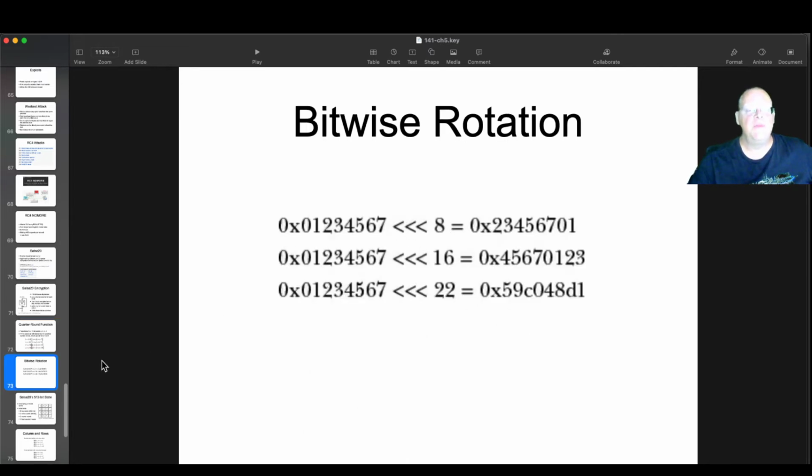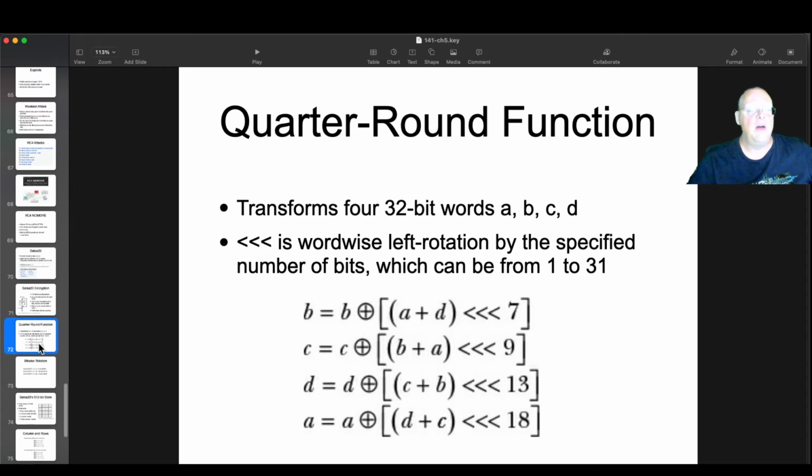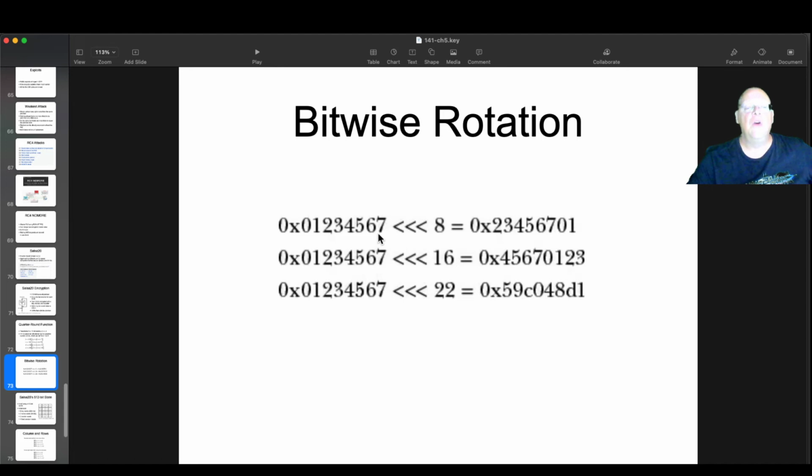And these are bitwise rotations. They're not shifts. Rotating means, if you take this 32-bit word and rotate it 8 bits to the left, you take the 0, 1 off the end and roll it around to this side. That's a rotate. Nothing falls off, and you don't need to generate any new bits. You just rotate the bits like they were on a necklace.